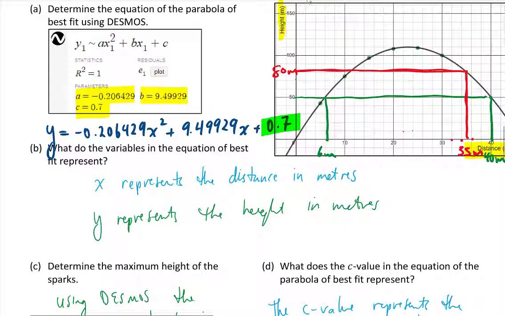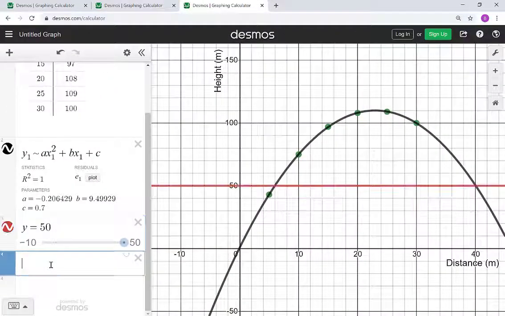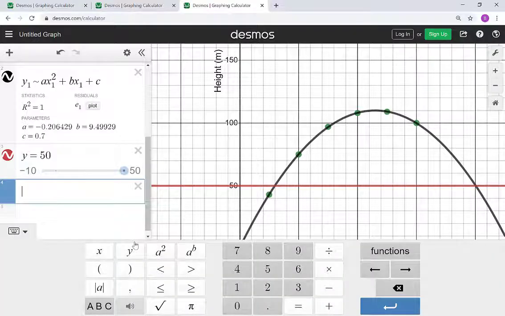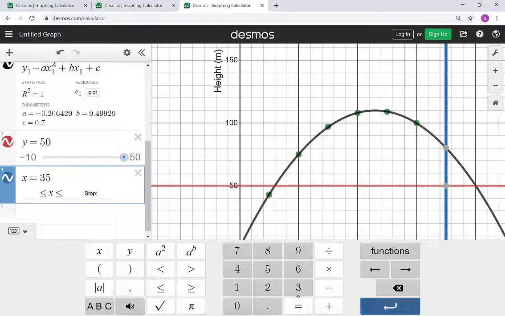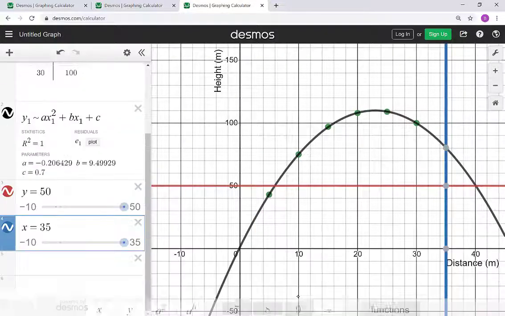So let's go to Desmos and check that out. So this time we have x equals 35. And we hit enter. Click on the point, and notice 35 meters in, it appears to be 80.3 meters high.